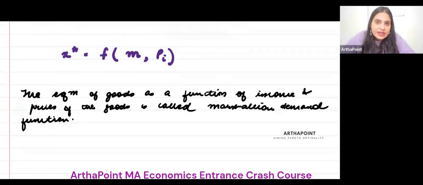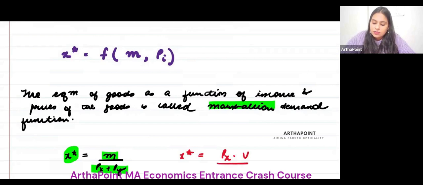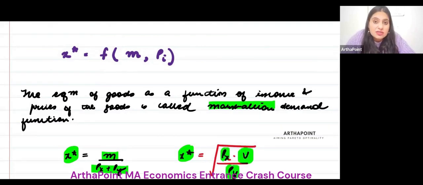So every time you see, suppose in exam you are given this, here X depends on income and prices of the good. This is Marshallian. But suppose in exam you're given this. Here X depends on prices, but it depends on utility.